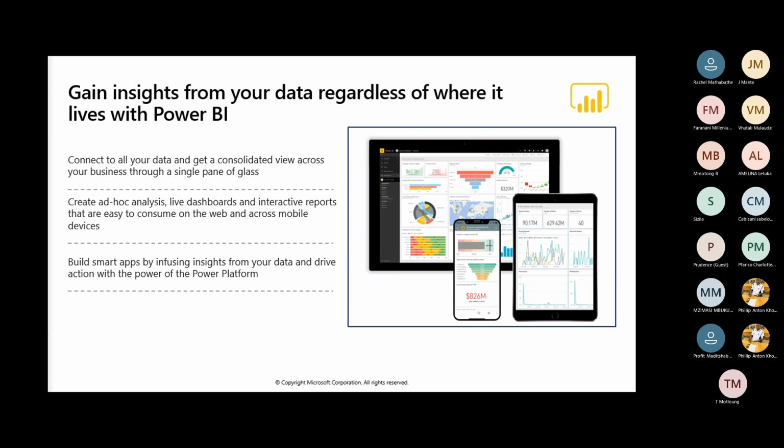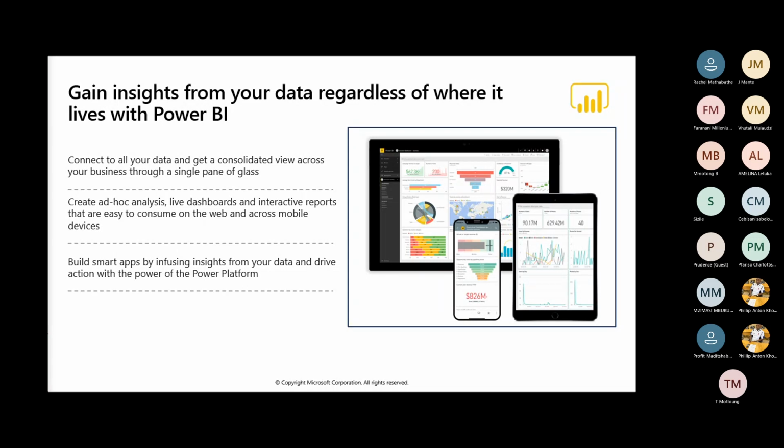So you can connect to all your data and get a consolidated view across your business through a single pane of glass. As you can see here, you can also use it on mobile, on your tablet, as well as on your laptop or desktop. That's an overview or a dashboard where you can see pie charts, graphs, and all the visualizations that you might want to see.